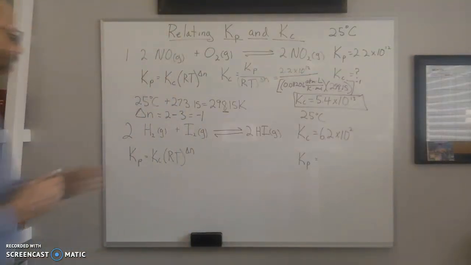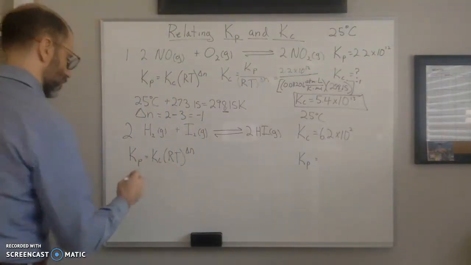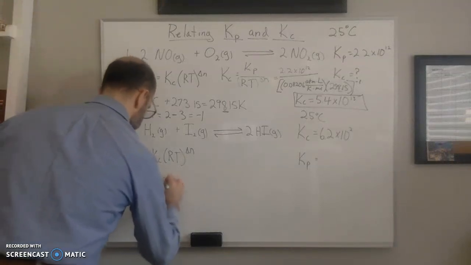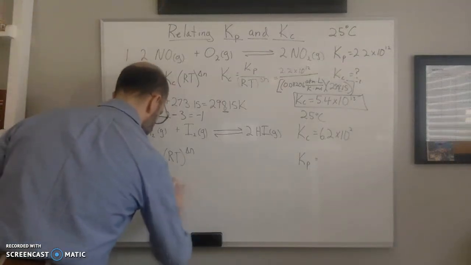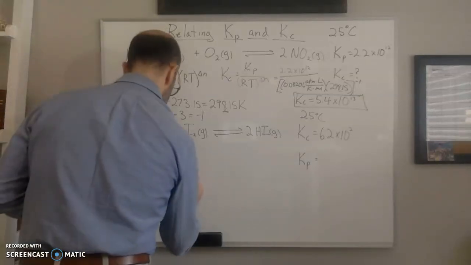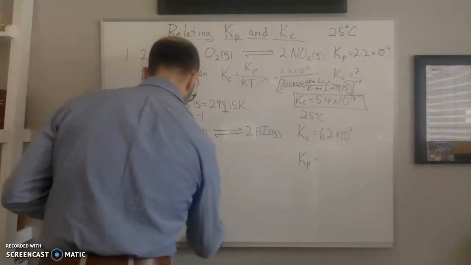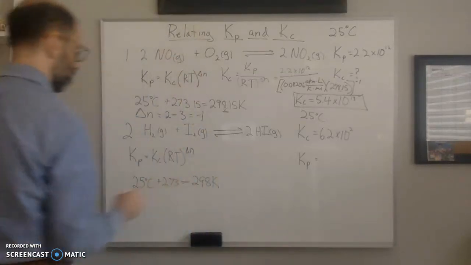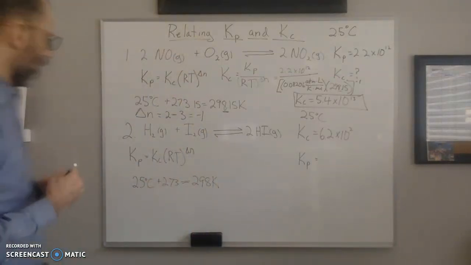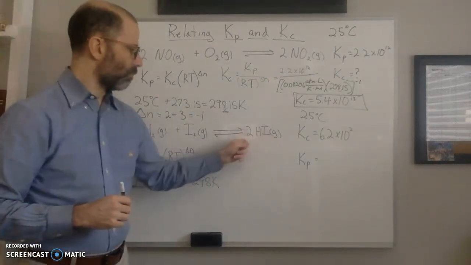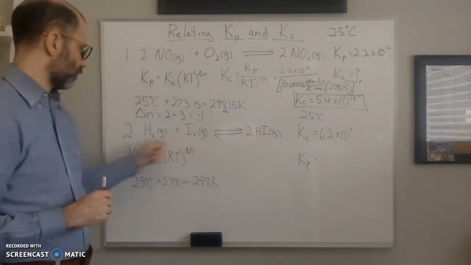Okay, so T, again, it's 25 degrees Celsius plus 273 is going to give us 298 Kelvin.